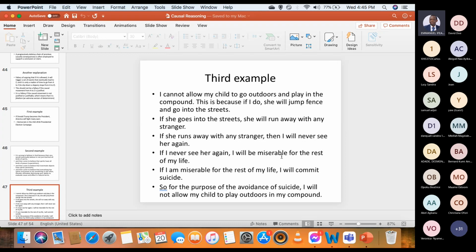And even if she jumps the fence, it's possible she wouldn't run away with a stranger. She will still come back to the compound. So there's no reason to believe that all of these things will happen if you allow her to play in the compound.